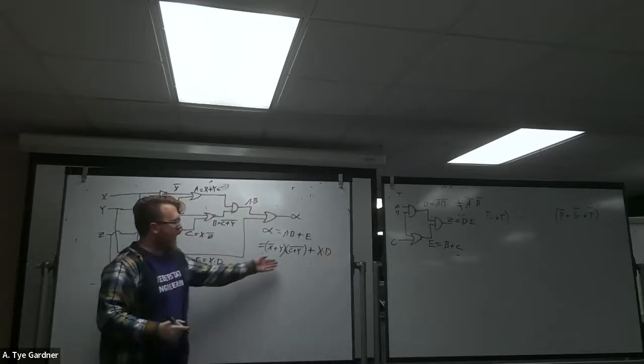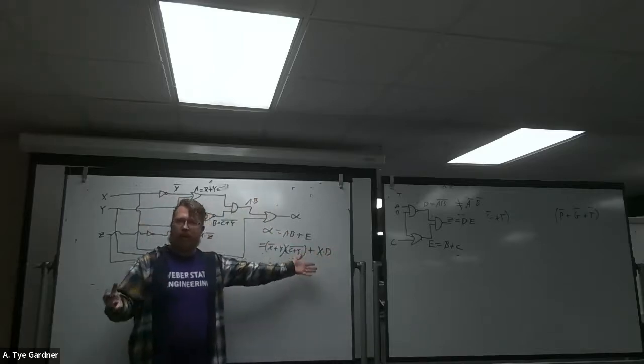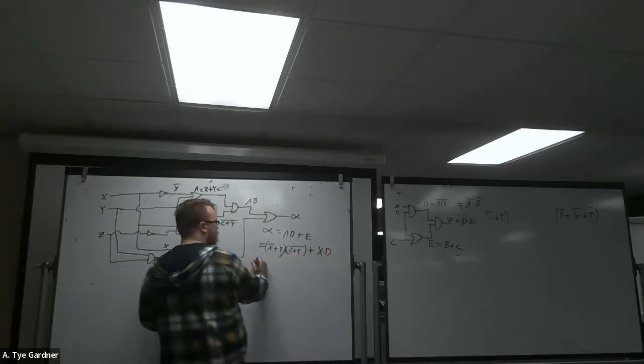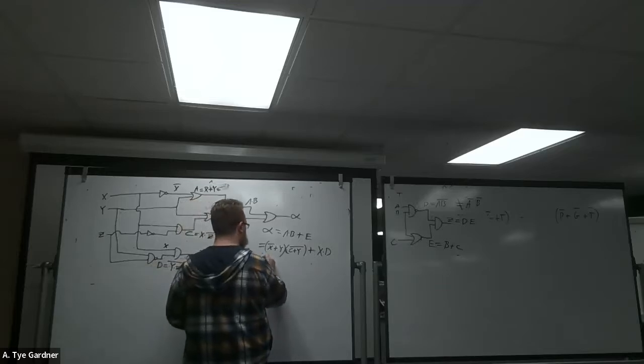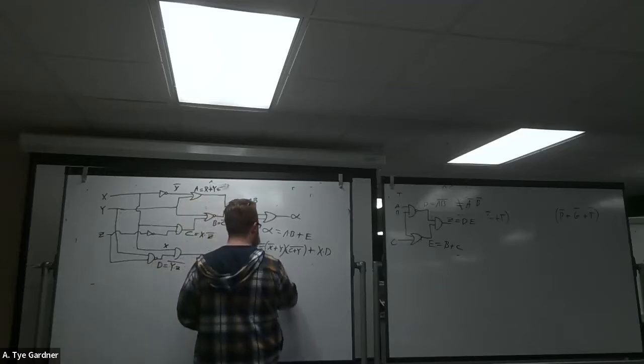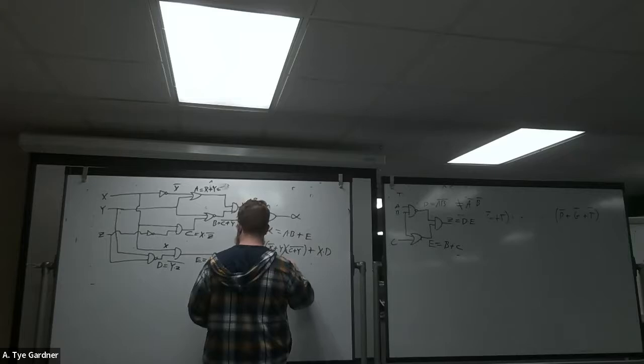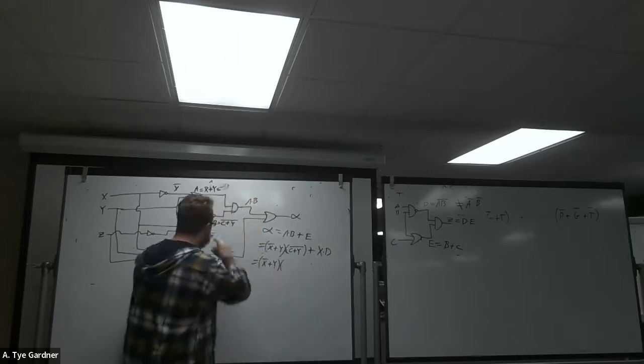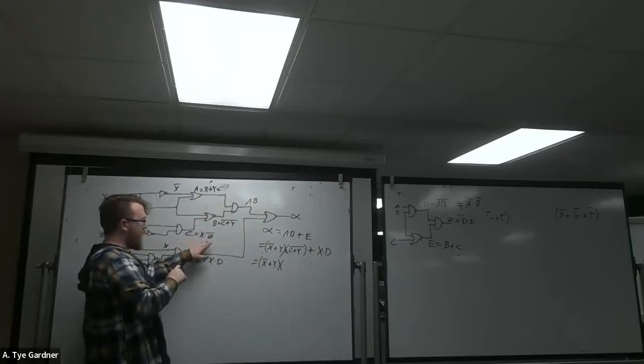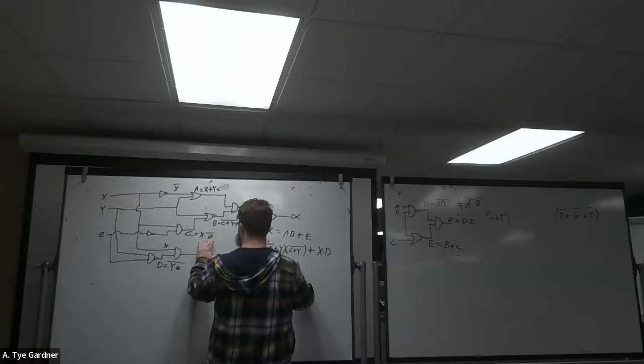I'm not done yet because I have C and D in here, right? I need to get all the way back to my beginning. I'm just going to write this out, then I'll talk through it. Well, that's fine. So C is going to be X and not Z, that'd be really bad to mess up.